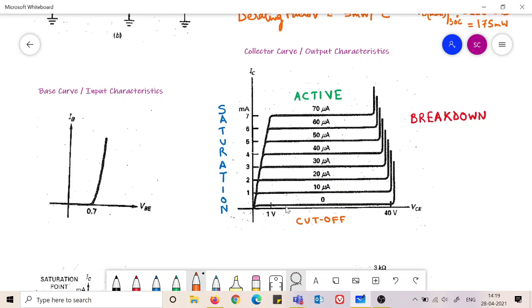So the transistor will never operate in a region which is lower than this particular curve, the 0 IB curve. We cannot have the transistor operate in this particular region. So it is a cutoff region. If for some reason you come here, it means the transistor is not in the circuit. So the transistor is open circuit.